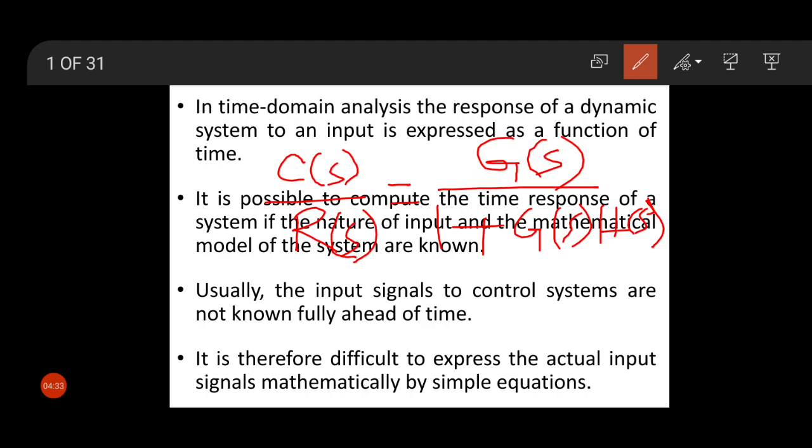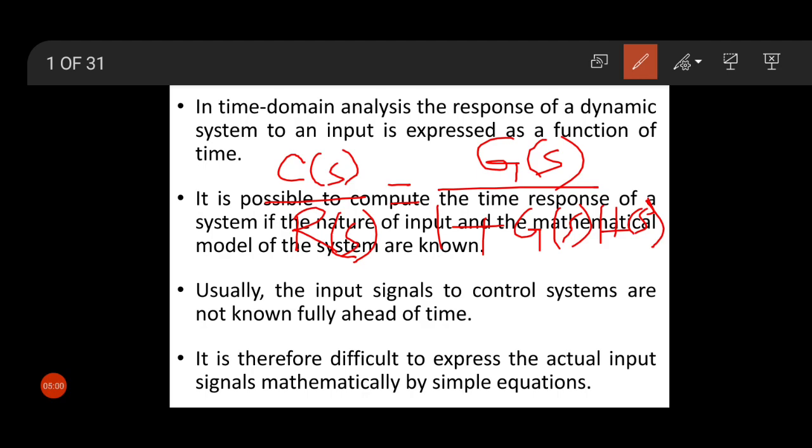For example, if we want to do time response analysis for this system, you need to find out the output. Time response analysis means you need to get the output with respect to time.